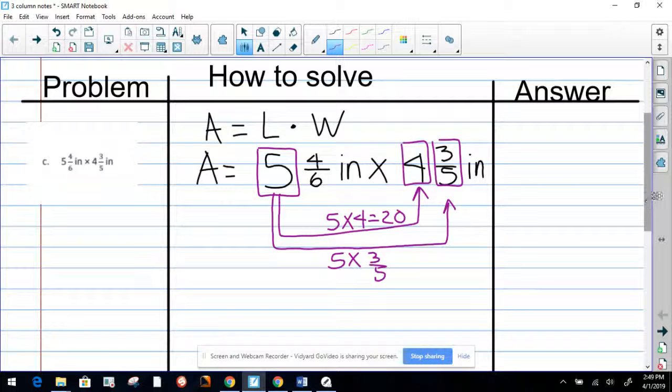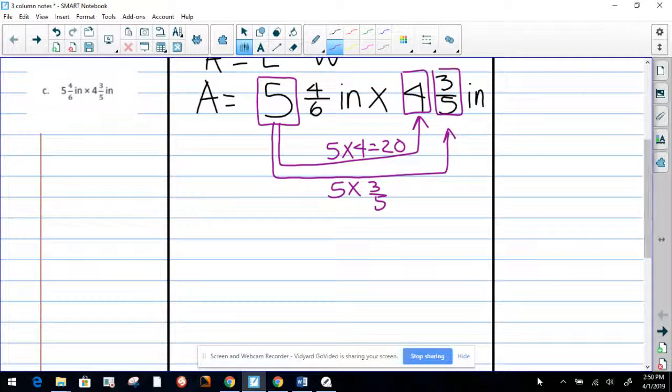When you do that, you know that you already have the advantage of knowing that that whole number has a denominator of 1, and you can multiply across. 5 times 3 equals 15, and 1 times 5 equals 5. And we know that 15 divided by 5 equals 3. So that's the answer for our next multiplication.